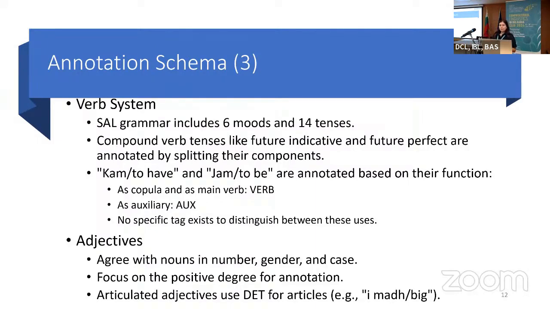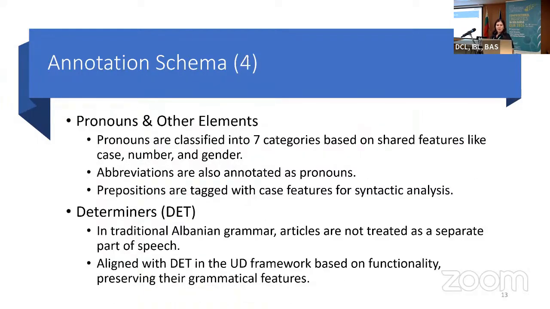Also, we can have articulated adjectives in Albanian, like the example i madh, that is big, and in this case we have used the DET tag to annotate the particle in our adjectives.